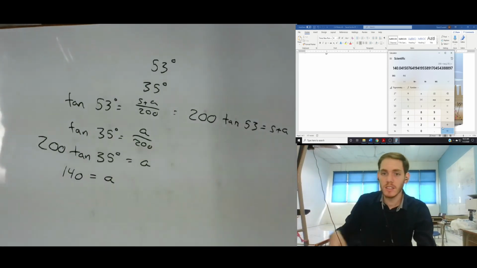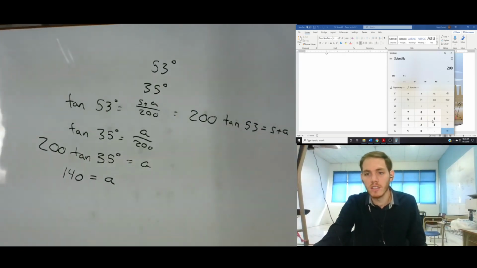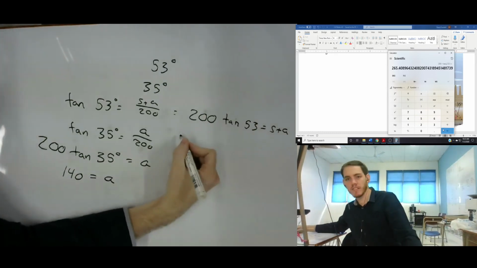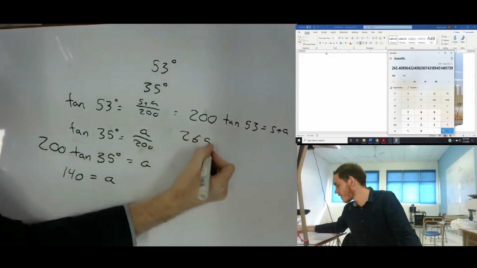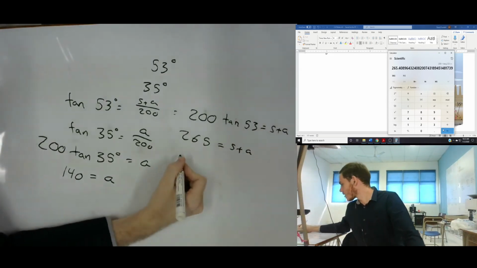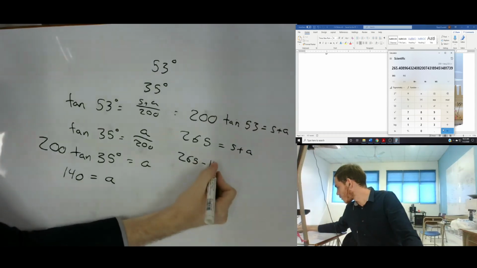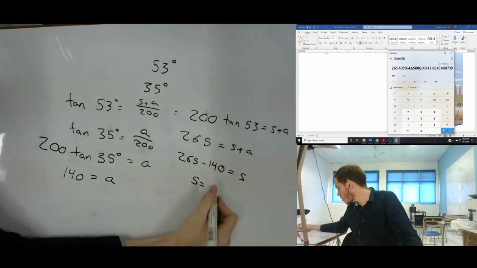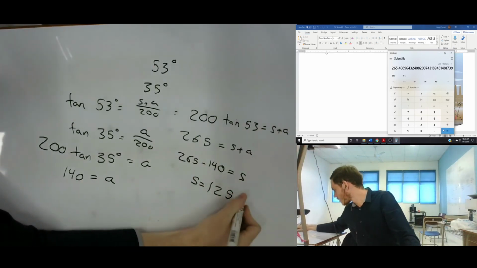And I'm going to do 200 times tangent of 53, and I'm going to get 265. So 265 equals s plus a. So then I get 265 minus 140 equals s. S equals 125 feet.